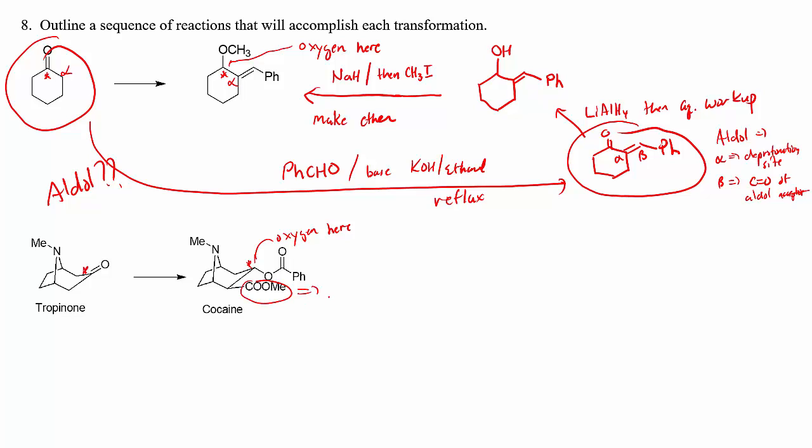This is something added to the alpha position. Okay, so there's the alpha position there. So that's easily done by some sort of condensation reaction. So let's take advantage of all of these things. We have the oxygen in the right place, but it's not at the right oxidation level. A similar analysis we're going to do with the one above it.